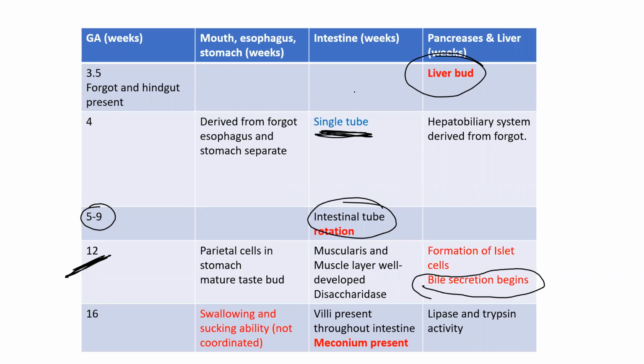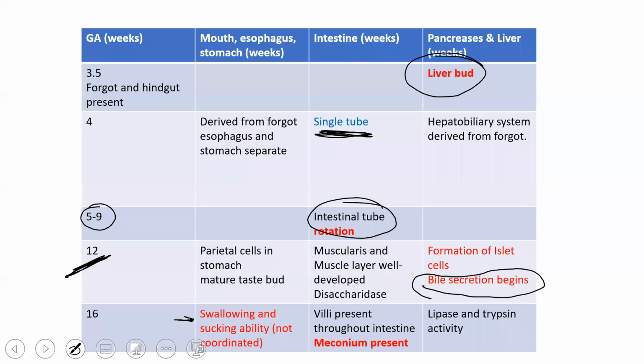By 34 weeks, the breath-swallow coordination is very important. The baby starts swallowing and sucking without coordination around 16 weeks. So at 16 weeks the baby starts swallowing amniotic fluid, but it's not coordinated. They might give you a story of a baby at 23 weeks development, and then ask when the baby starts swallowing amniotic fluid: as early as 16-week gestation.